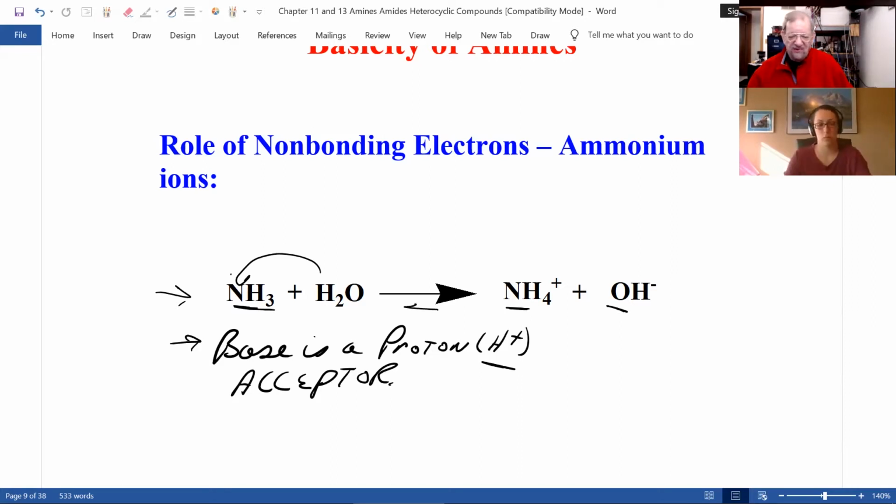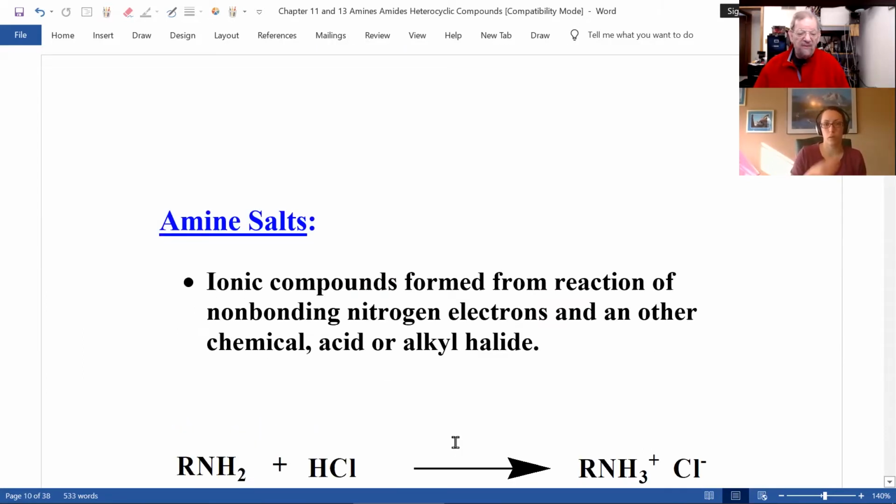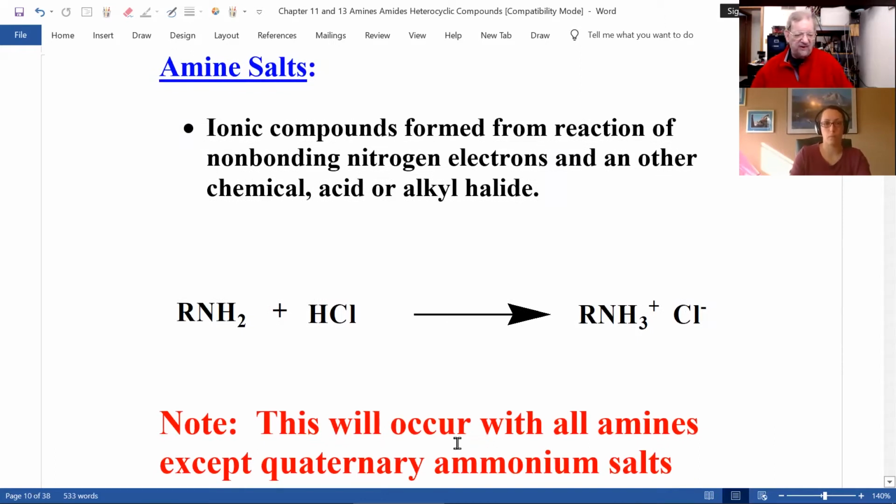There's a slight equilibrium back this way, and that's why you can smell the NH3, that strong smell, but most of it is this. Well, let's look at amines. Turns out amines, whether primary, secondary, or tertiary, and I can rewrite this like this.